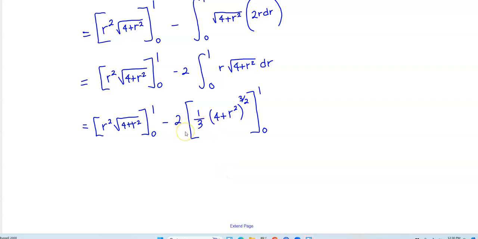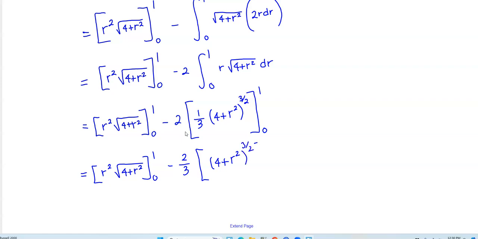Now we're going to factor out the 1/3. So we have minus 2/3, and then we're going to evaluate 4 plus r squared to the 3/2 going from 0 to 1.